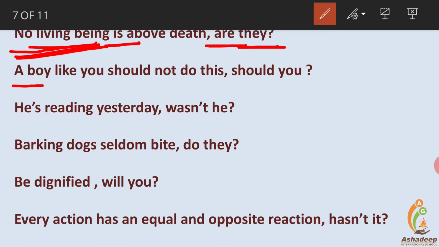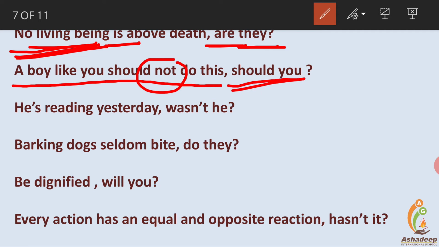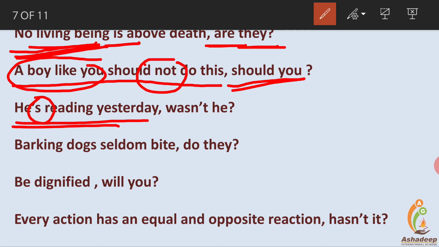Second, a boy like you should not do this. Again, should not do, negative, so the question tag is should you, should not modal, and a boy like you means you. He is reading, yes, or he was, here it is yesterday, so he was reading. He was reading yesterday, it's positive, so the question tag is negative, wasn't he?